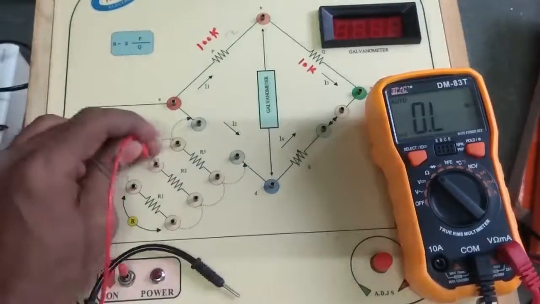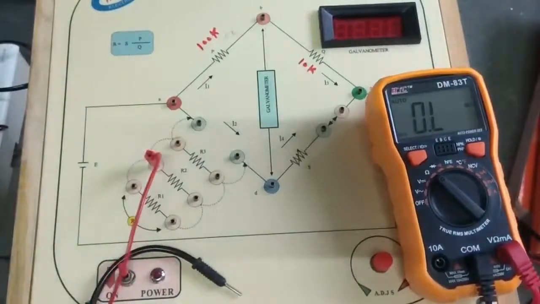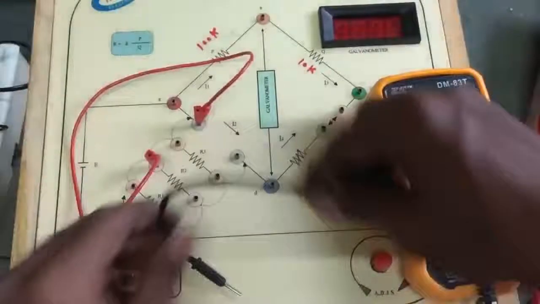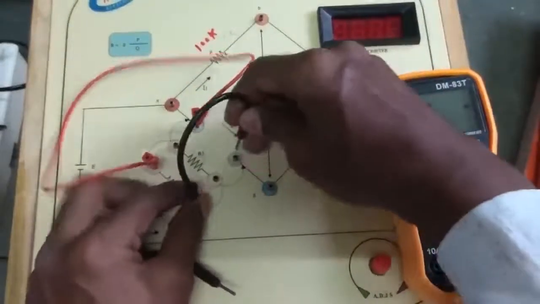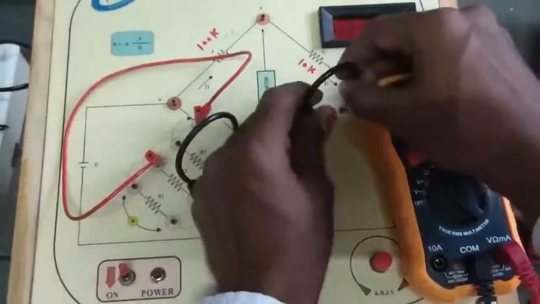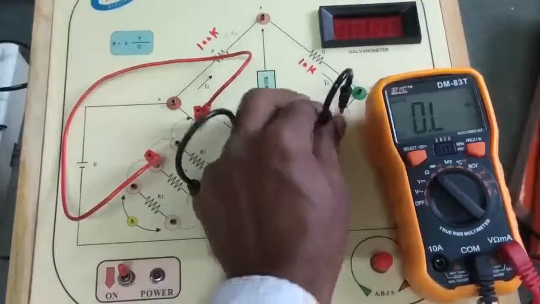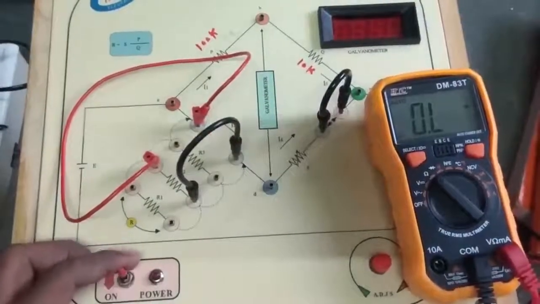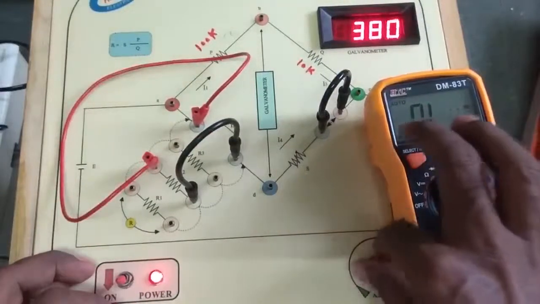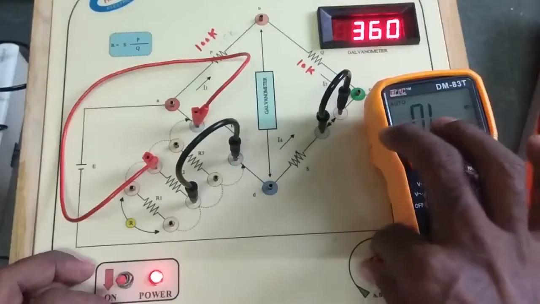Similarly, we will connect resistor R2 to the circuit. In the same way, we will switch on the supply and bring the reading to zero.